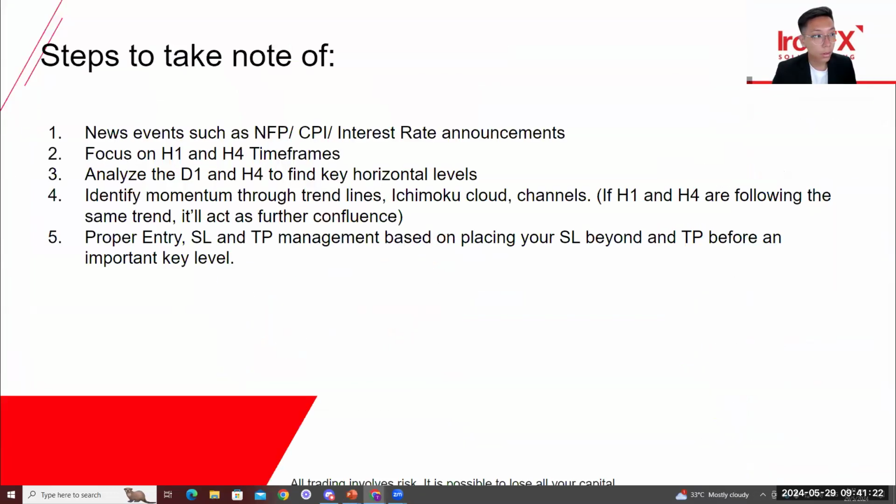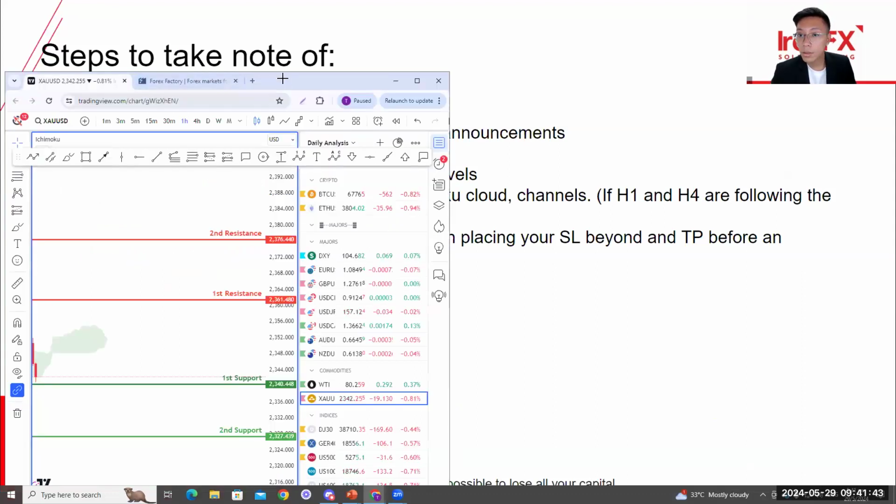Okay, so next, once we have identified our key levels, identify momentum through trend lines, Ichimoku cloud, or channels. And if H1 and H4 are following the same trend, it will act as further confluence. So let me just show you guys.